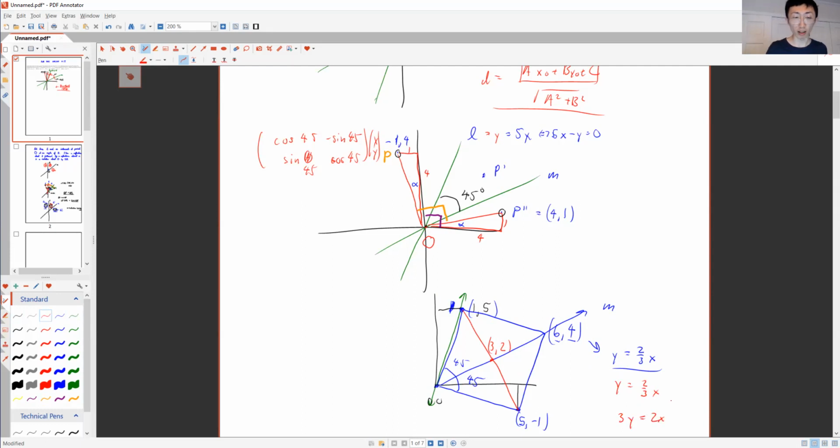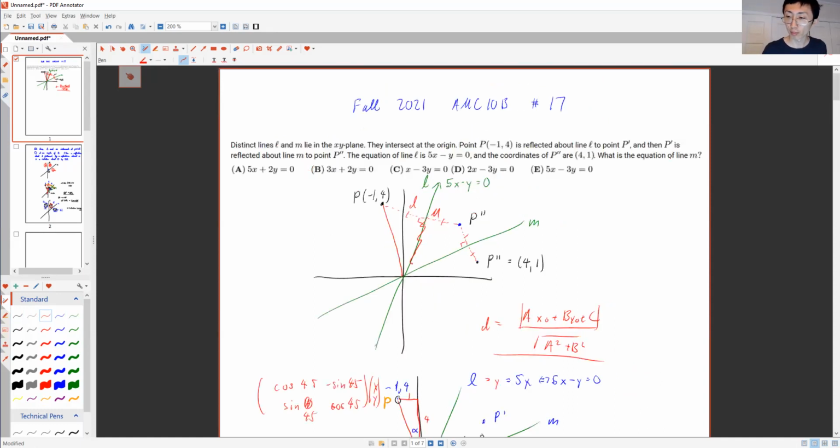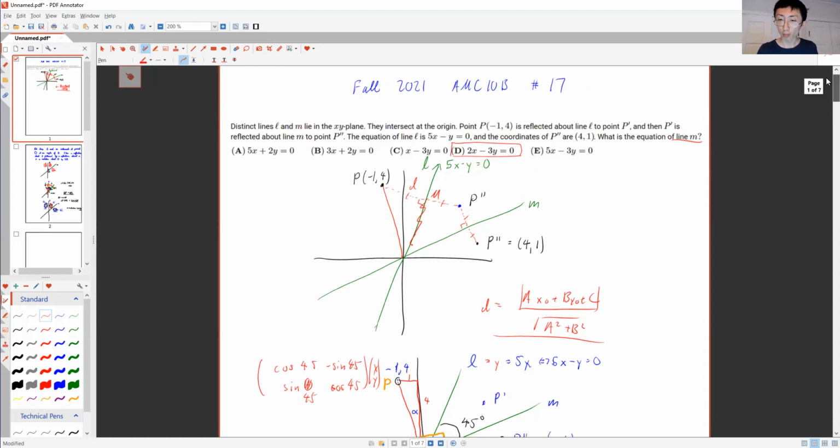That's the equation of line M, which is a 45-degree rotation about the origin of line L. So I guess it's D, 2x minus 3y equals 0, and that seems like a pretty good place to stop.